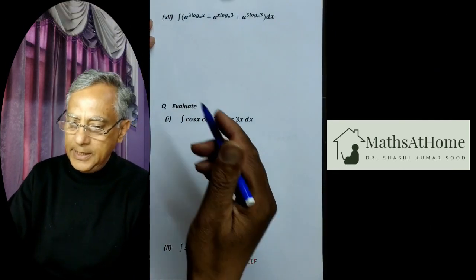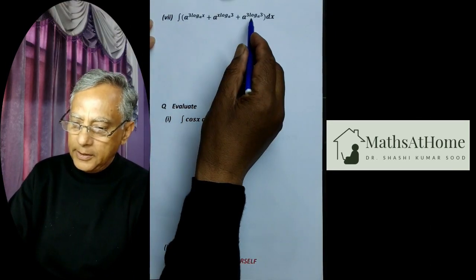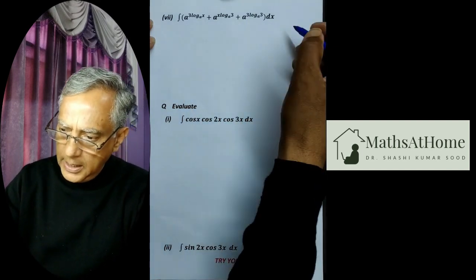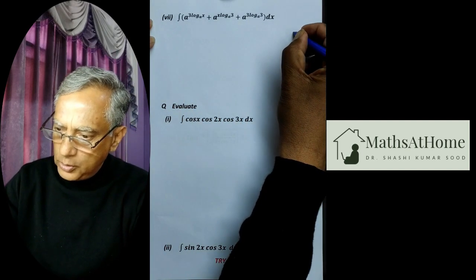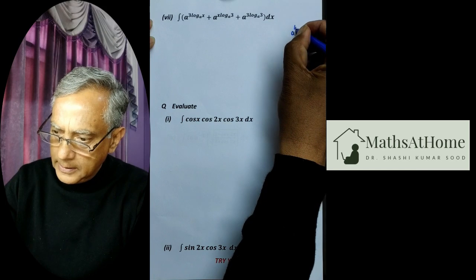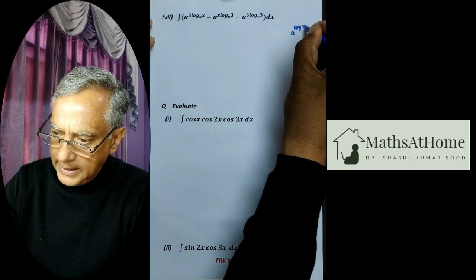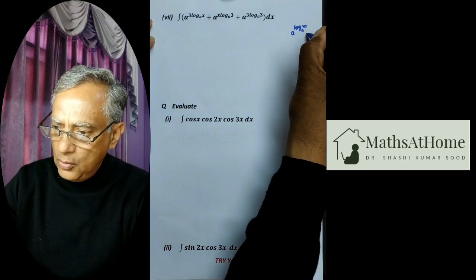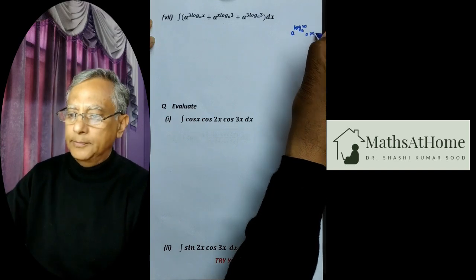Now next is this. Now in this we will use a basic formula, a to the power of log m to the base a is equal to m.